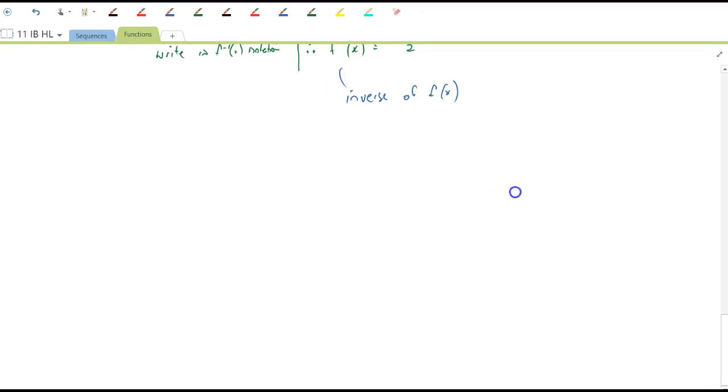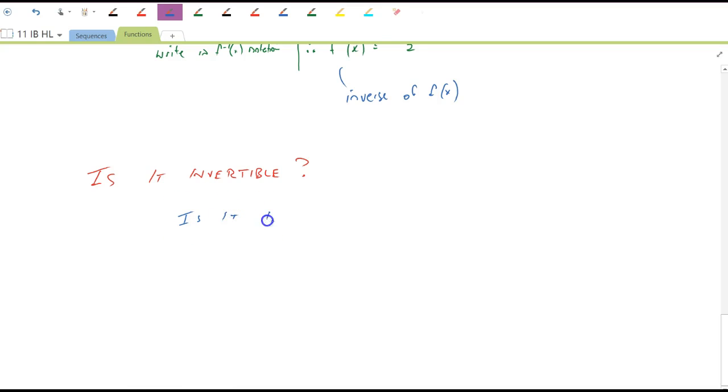They're the steps. Fabulous. The last thing to talk about is: is it invertible? Is the function invertible? Does it have an inverse? The answer to that is yes, if it's a one-to-one function. So is it one-to-one?